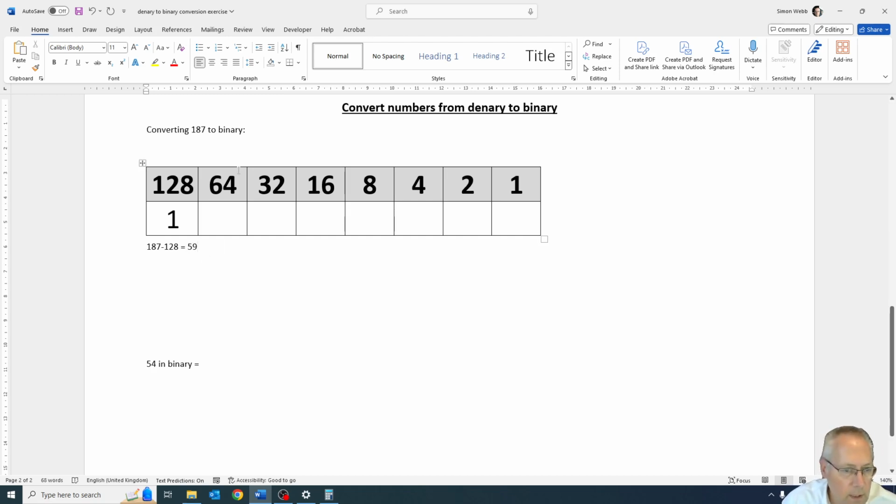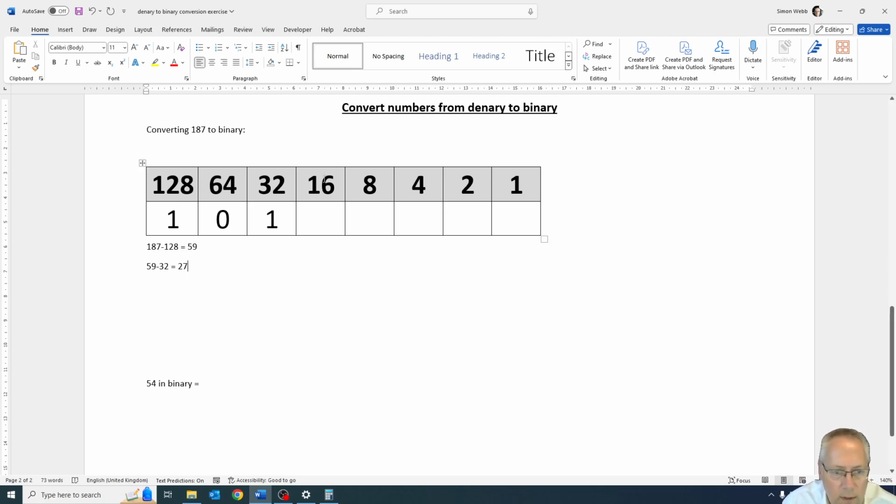Is 59 bigger than or the same as 64? It's not, so we go on to the next number. Is 59 bigger than or the same as 32? It's bigger, so we're going to put a 1 in there, and then we go on to our calculation: 59 minus 32 is going to equal 27.